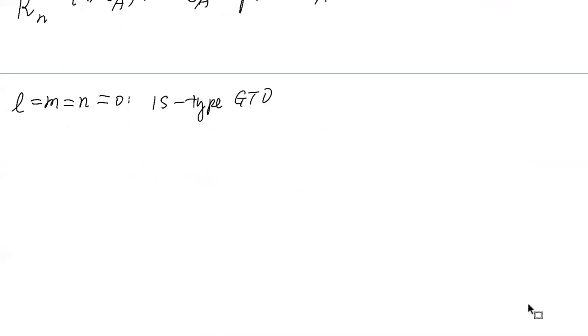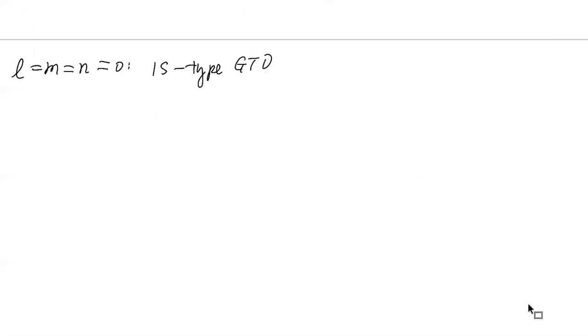It has actually nothing to do with the exact solution of hydrogen, okay? So N is equal to 1, L is equal to M is equal to 0 is usually called 2PZ type of the GTO.